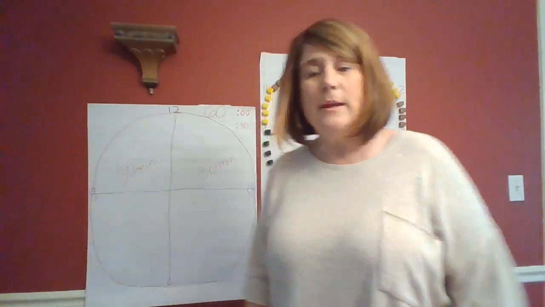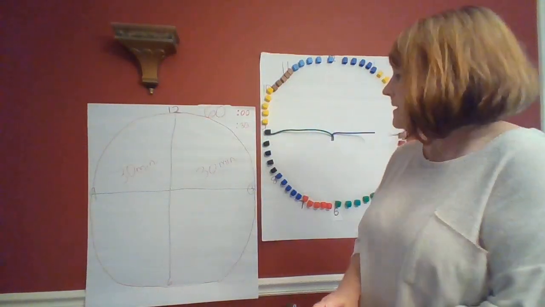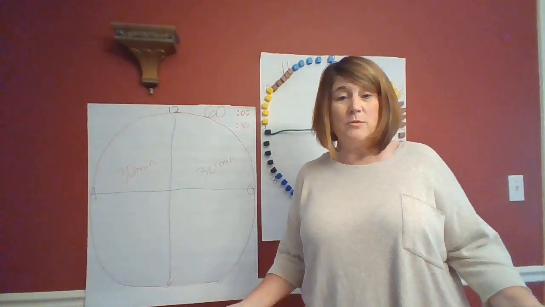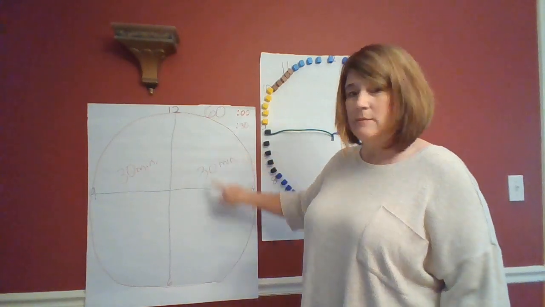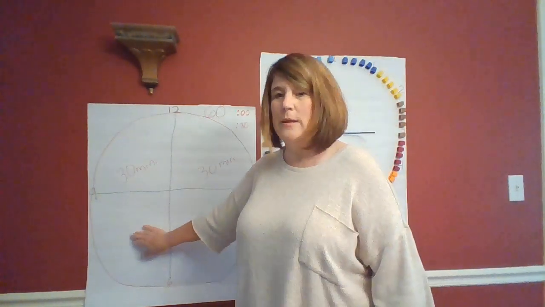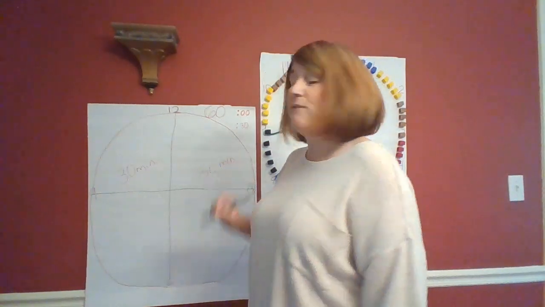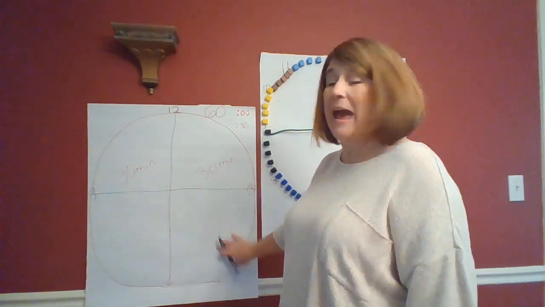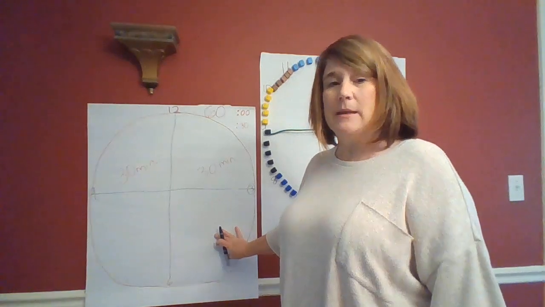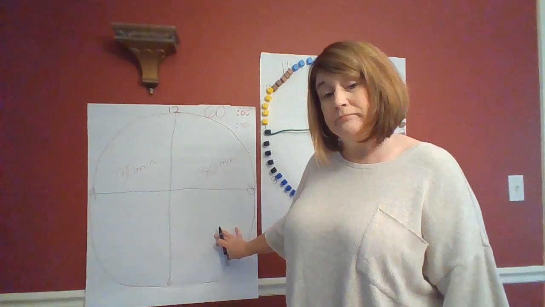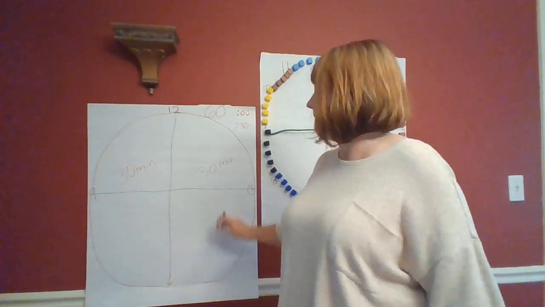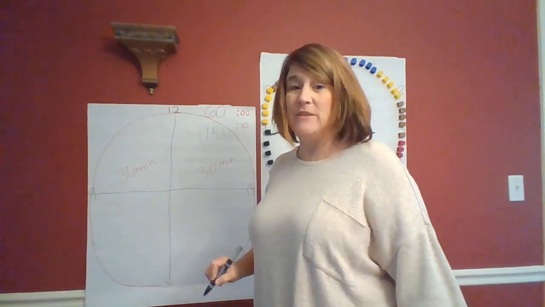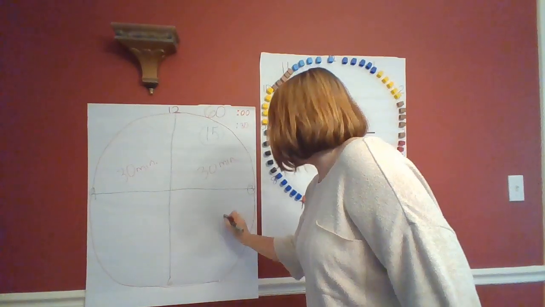So now, instead of taking that 60 minutes and dividing it into 2 equal spots, how many equal parts do we have now? We have 1, 2, 3, 4. We have 4 equal parts. And if we know this half is 30 minutes, can we take half of 30 and divide it into 15 and 15?